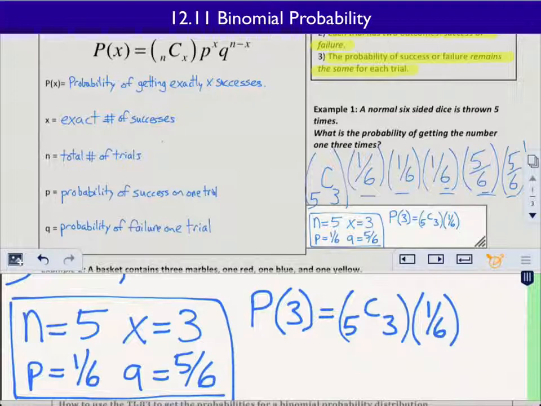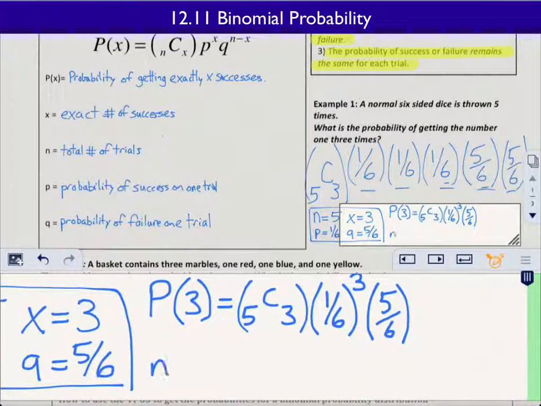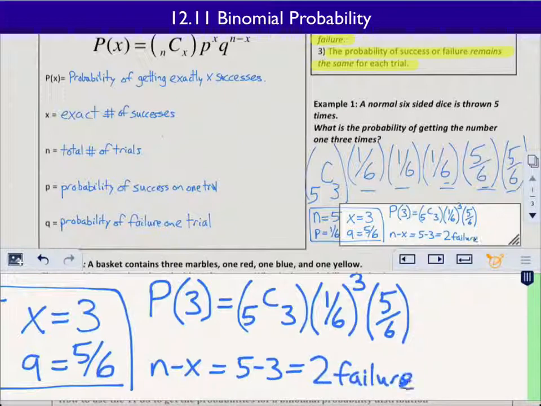So to the power of x, which is 3, times the probability of failure, which is 5/6, to the power of the number of times we want a failure. So in this case, we actually do n minus x, and I'm just going to put a note here, n minus x in this case would equal 5 trials minus our 3 successes, which gives us 2 failures. Okay, so we want our 2 failures right there.